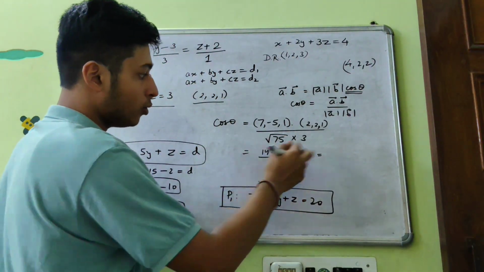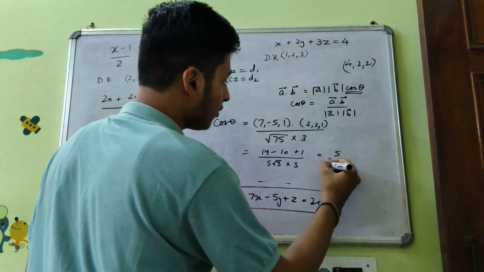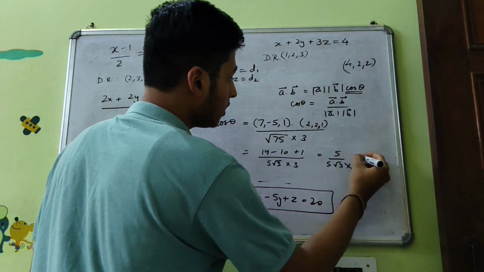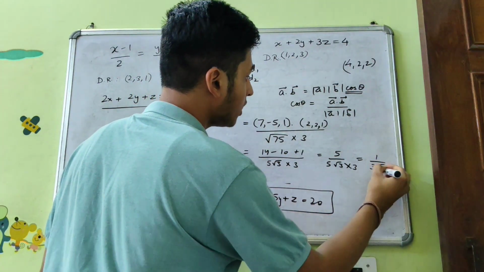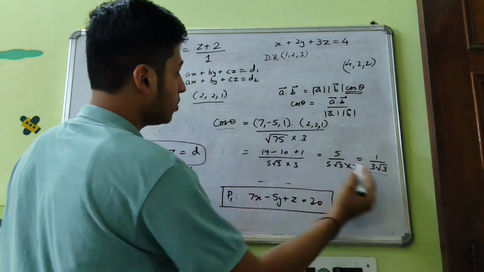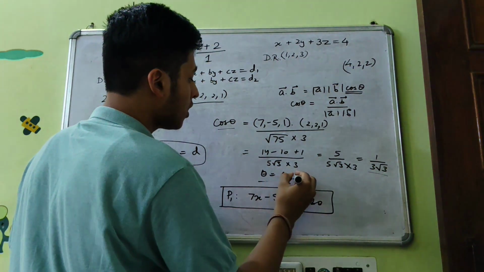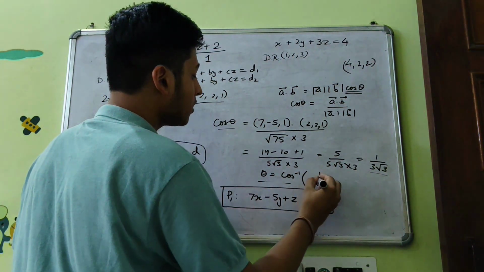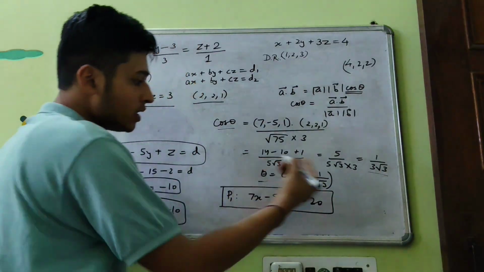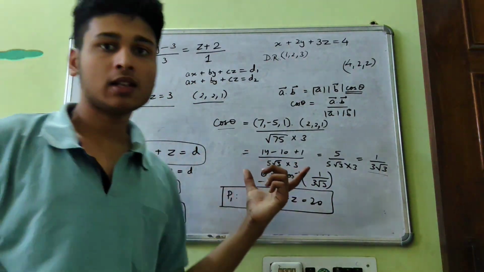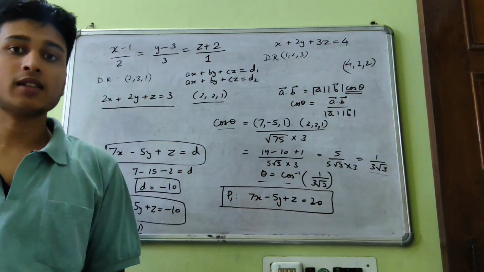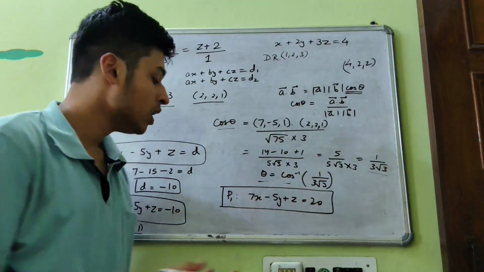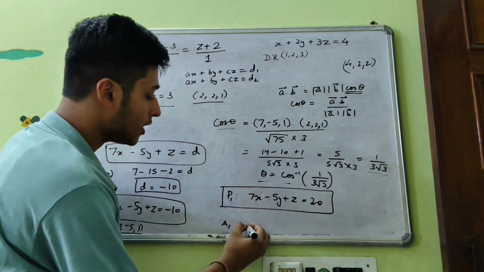So 5 by 5 root 3 into 3, that is 1 by 3 root 3. Cos theta is 1 by 3 root 3. So theta is cos inverse 1 by 3 root 3. This is the acute angle between these planes. And option D is just this. So yes, option D is correct. So the correct answers are A and D only.